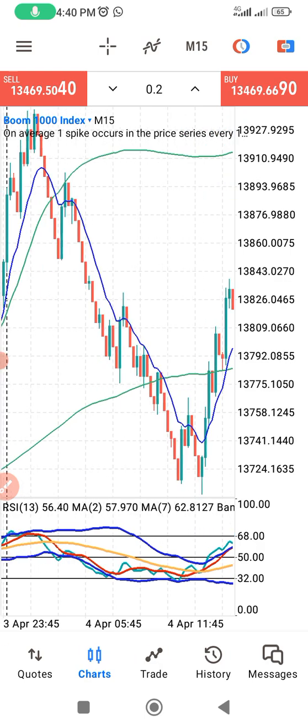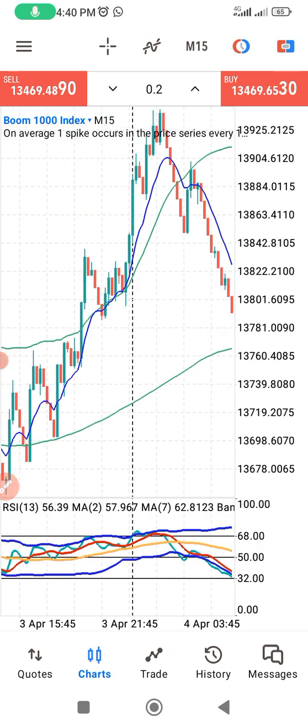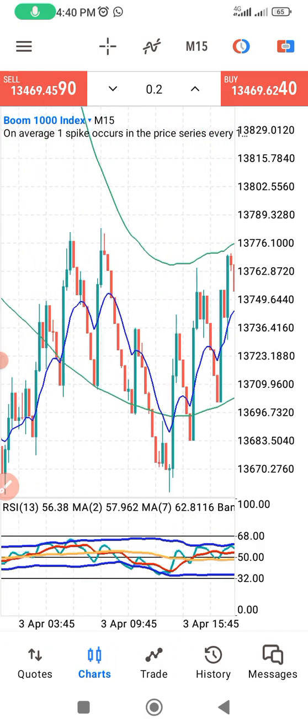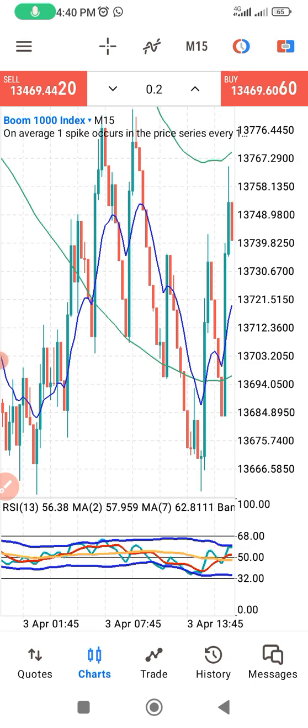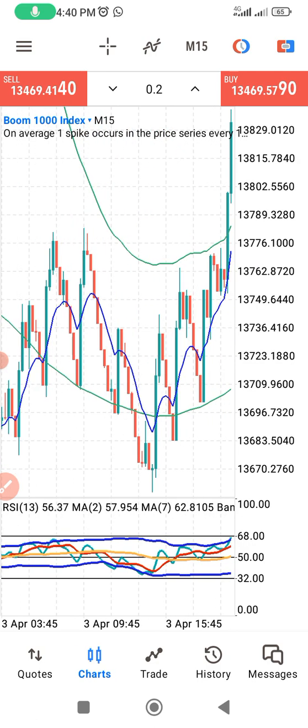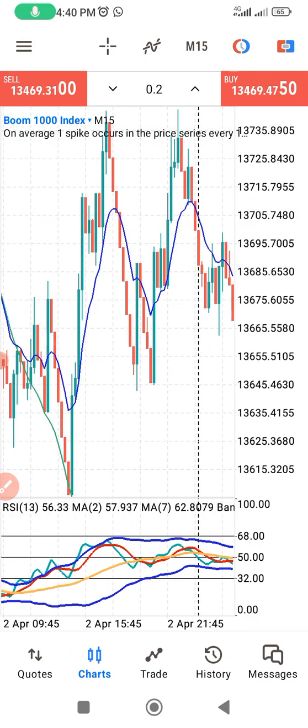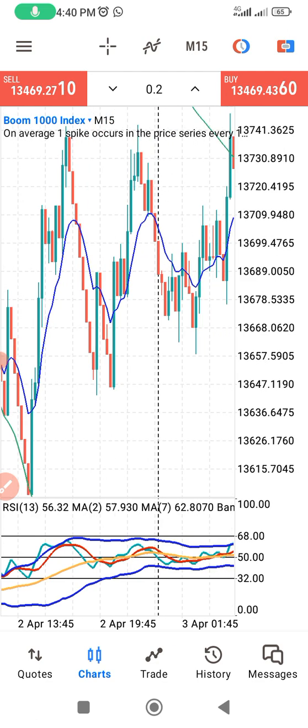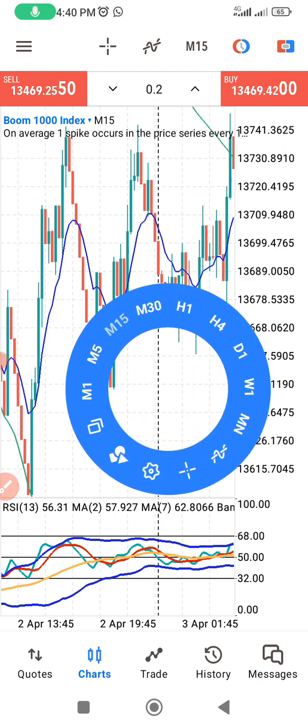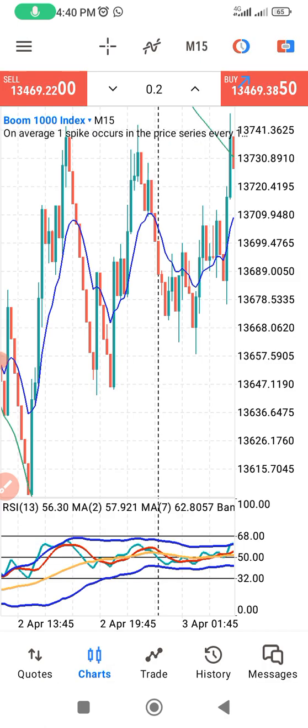Very, very well. So the strategy is simple and it is straightforward. You wait for the spike on your chart, and when you have established that you have those spikes on your chart, you look at your market sentiment.